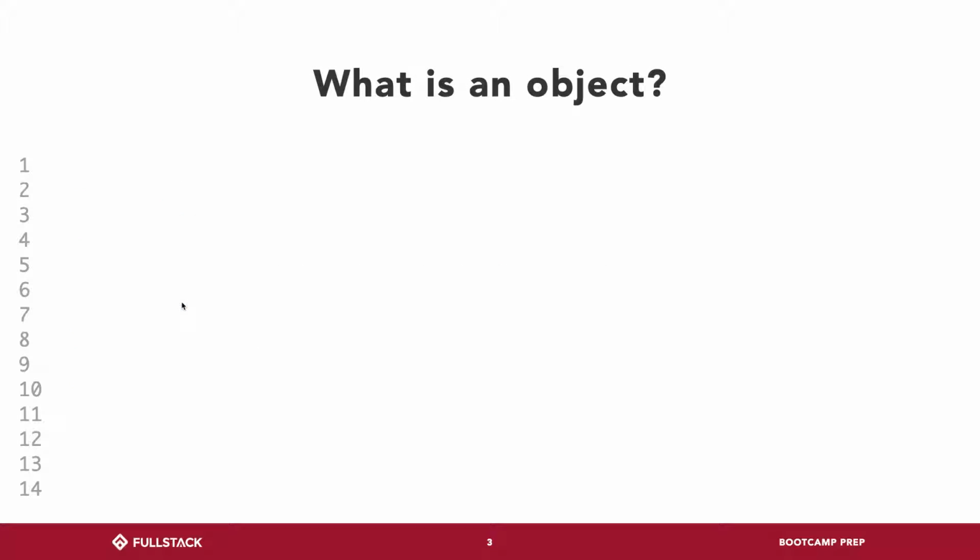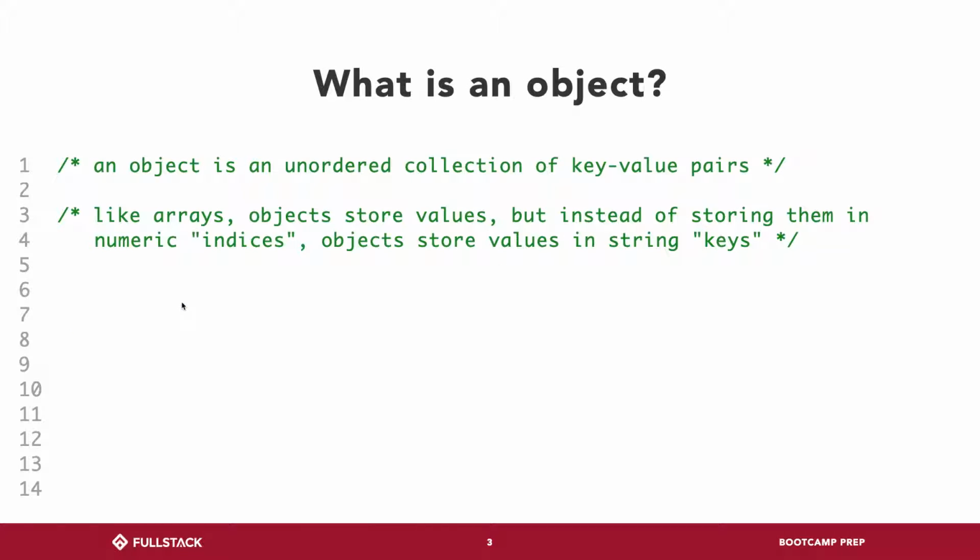So, what is an object? An object is an unordered collection of key value pairs. Like arrays, objects store values, but instead of storing them in numeric indices, objects store values in string keys. String keys, okay? Let myArray be an array of two things, value1 and value2.